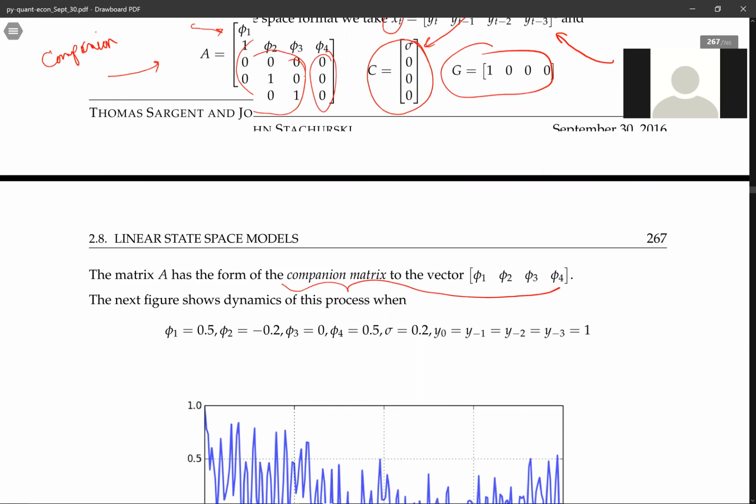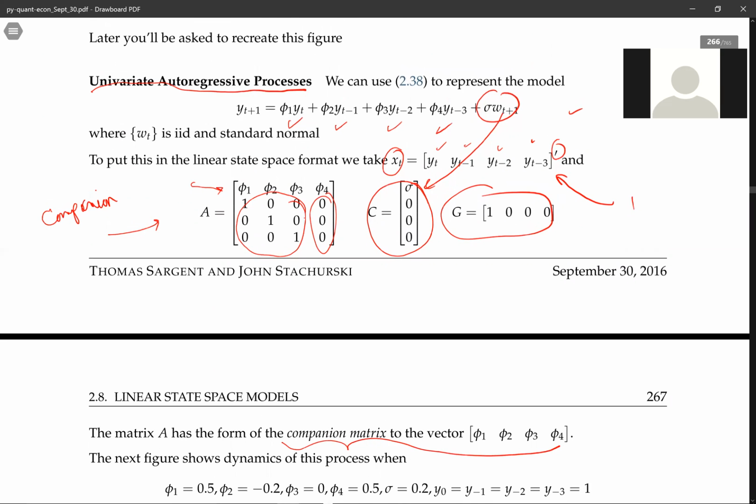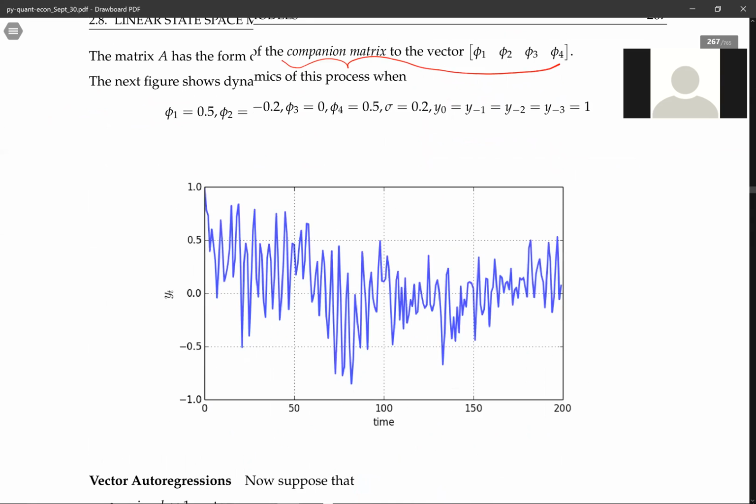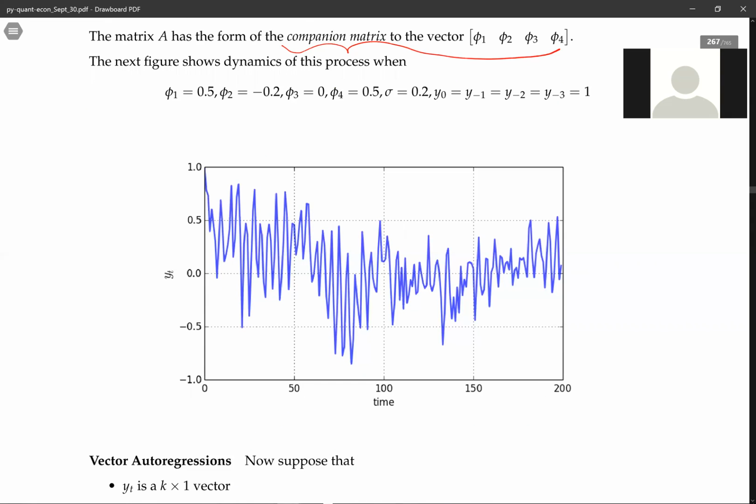So if we take this system and we simulate it, notice what we get. We get this process that looks like this, and a lot of economic time series look like this. They have erratic shocks, but there are some patterns in them.